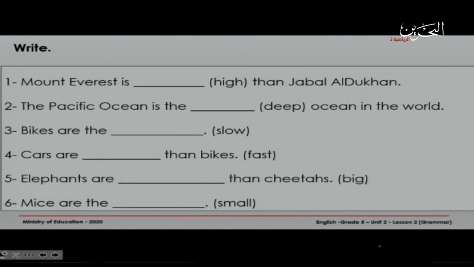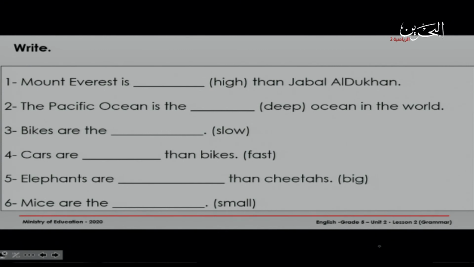In this activity, you have to fill in the blank with comparative or superlative. Remember, when you use comparative, you compare between two groups and you add ER to the adjective.